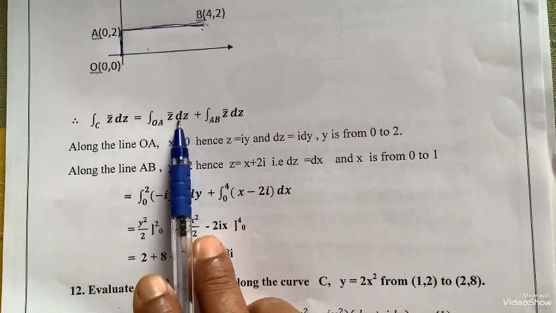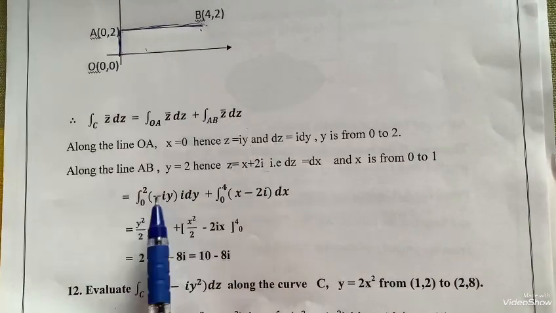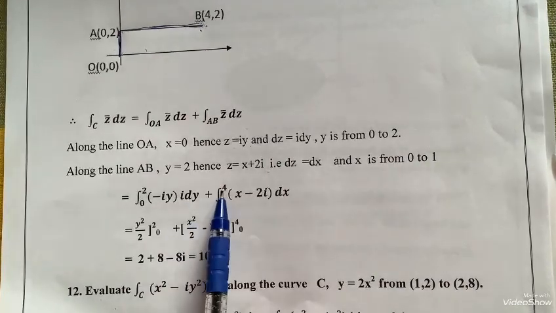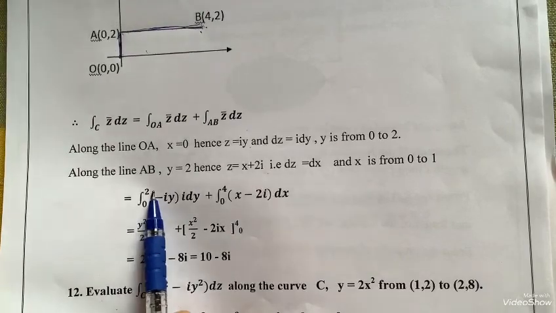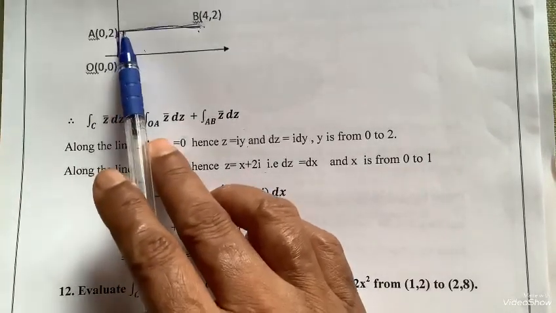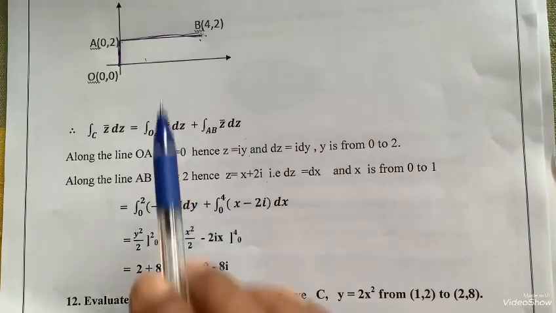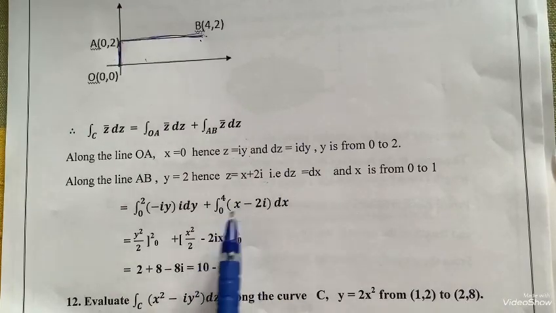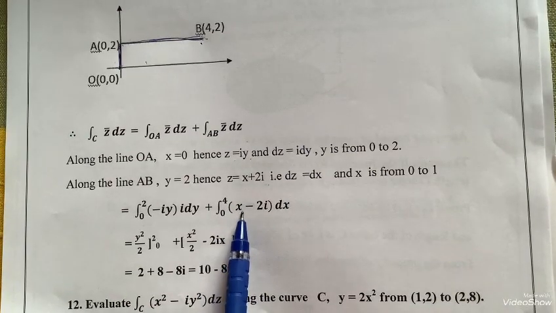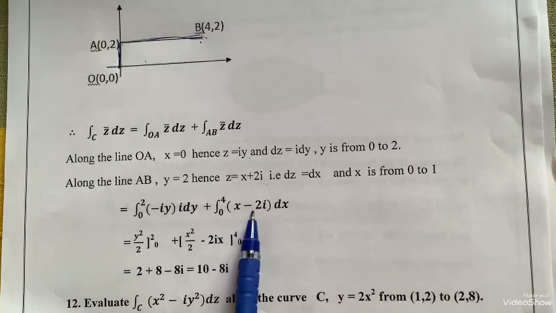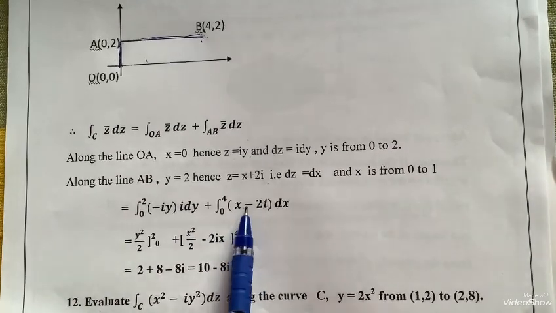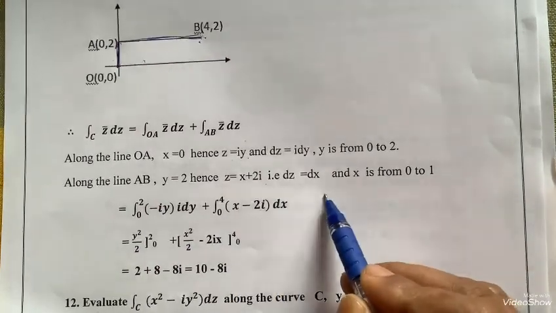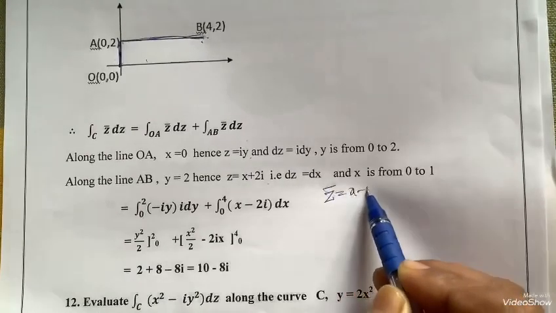All of you know z bar means x minus iy, and along this x is 0, therefore it becomes minus iy, and dz is i dy, plus the integral with x coordinate from 0 to 4, where z bar is x minus 2i.